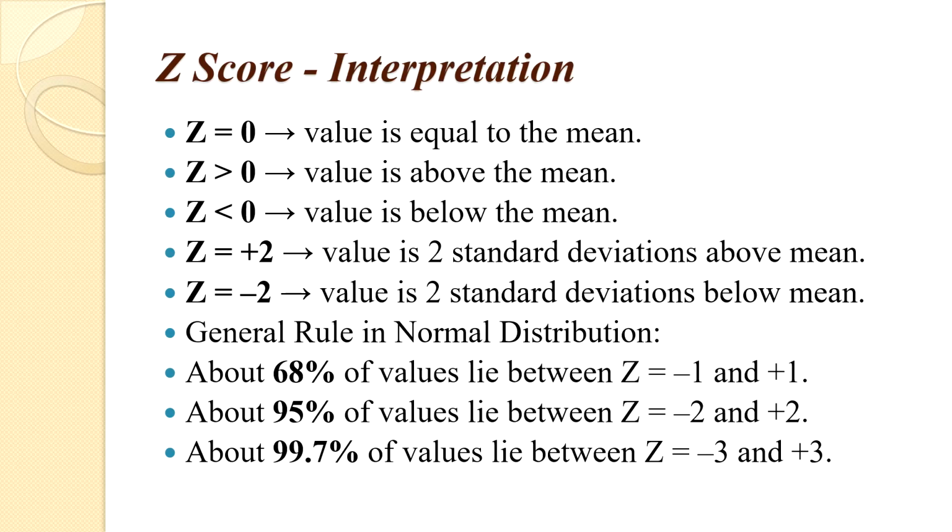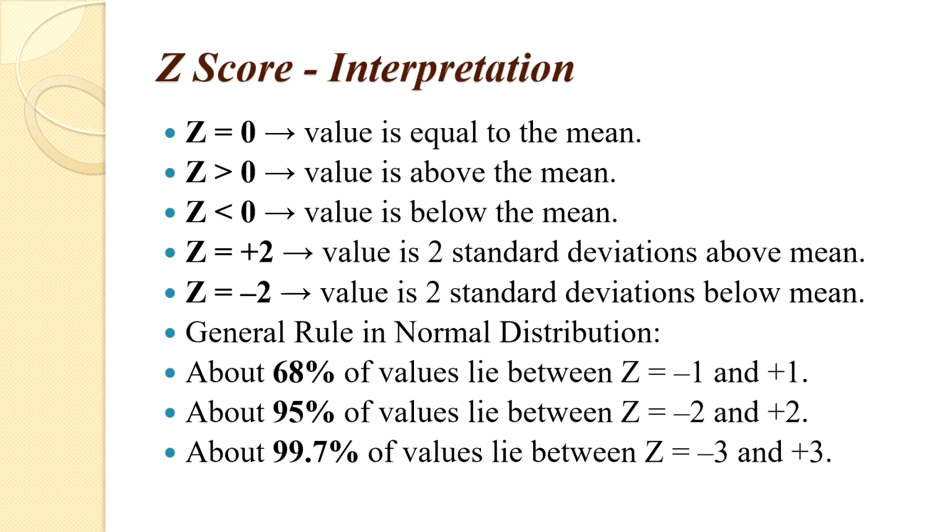Next, the general rule in the normal distributions. About 68% of values lie between -1 and +1, 95% of the values lie between -2 and +2, and 99.7% of values lie between -3 and +3.